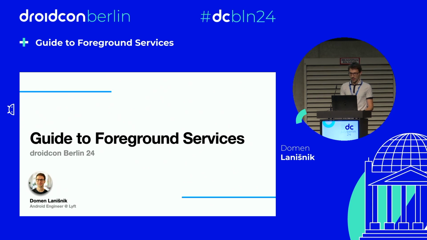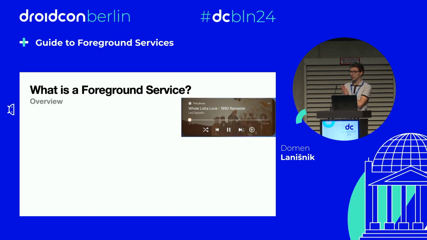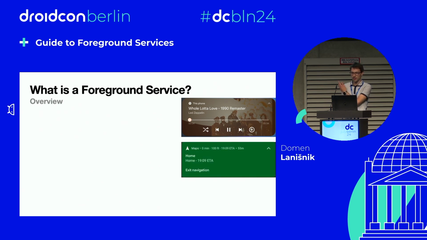Cool. So to get started with the question, what is a foreground service? We actually use foreground services daily, whether that's when we play some music and then leave the app, start the navigation, and then do other things like driving, or when we start activity tracking. All of these are notifications that are a result of foreground services.